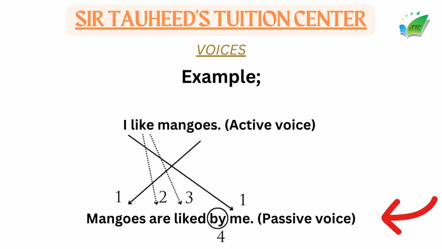We have to see the main form of verb of the active sentence. If active voice contains first form of verb, then we use first form of be. If the active voice sentence carries second form of verb, then we use second form of be, and so on. So here we see that there is a verb like, which is first form of verb.